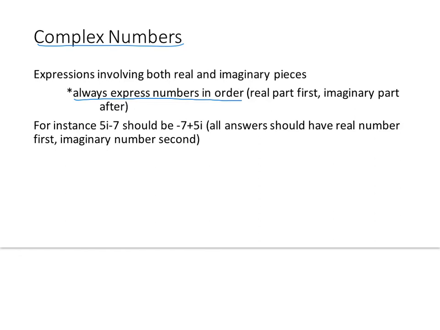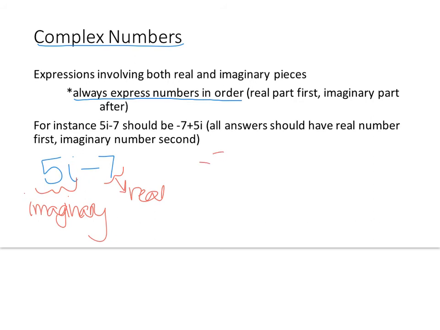So as I wrote up there, for instance, if I have 5i minus 7, this 5i is imaginary because it has the i with it, but the 7 is a real number. We've been dealing with numbers like this since kindergarten. So the big thing with complex numbers is I always want the real part to go first. So you would rewrite this as -7 plus 5i.